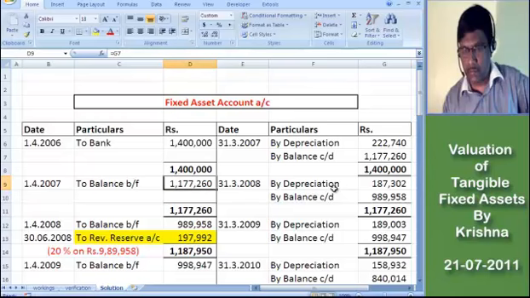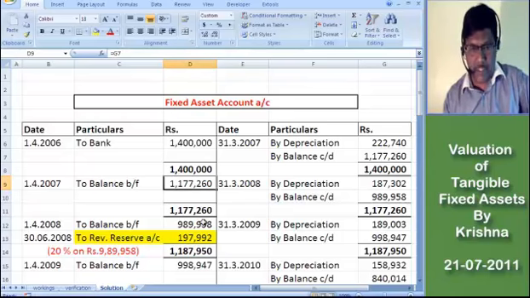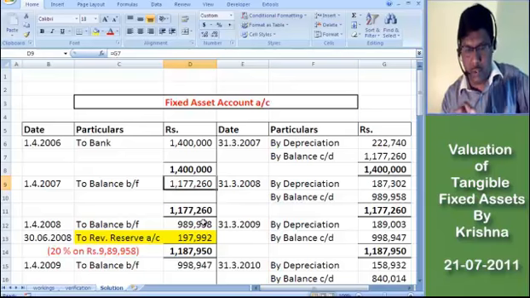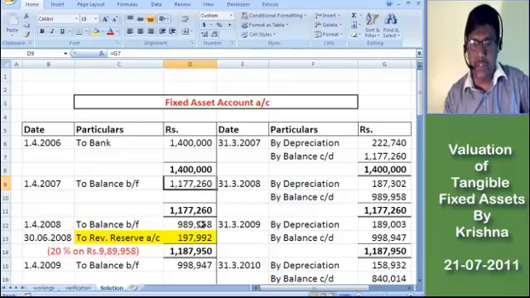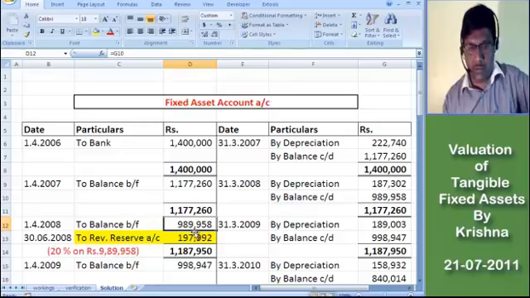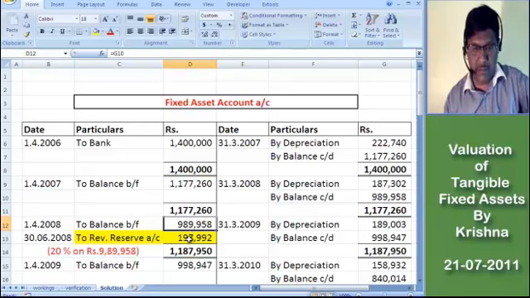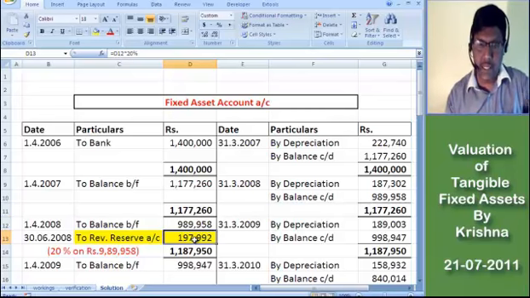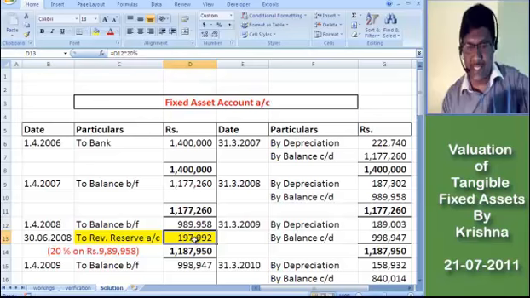Then again one more year's depreciation you have to find. In the third year, that is in the month of June 2008, 20% revaluation of the asset is happening. So for this 9,89,958, we are going to find 20%, and it is getting added to the fixed asset account.